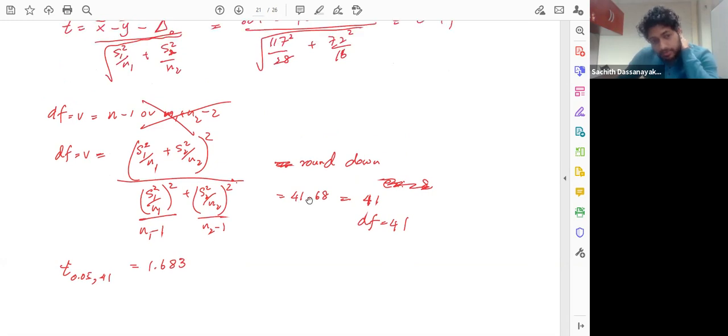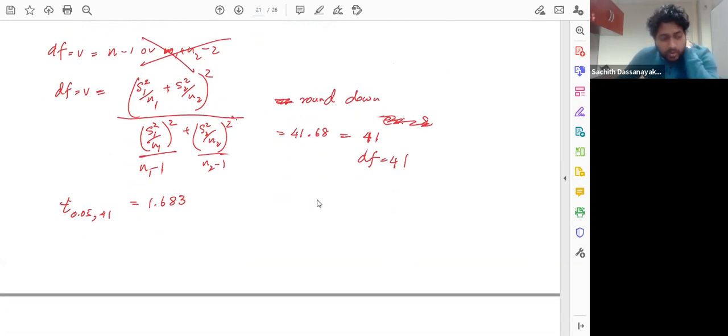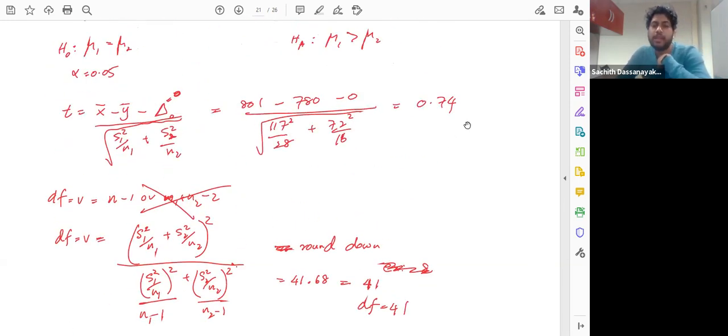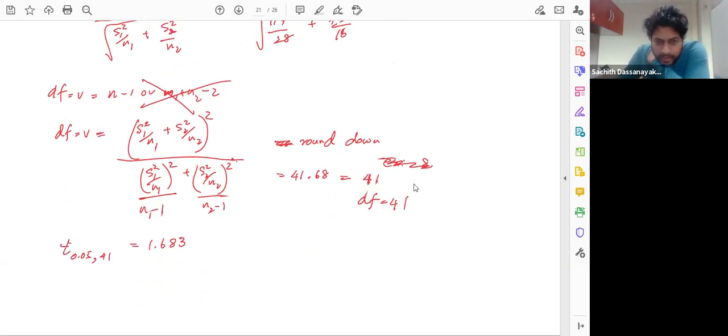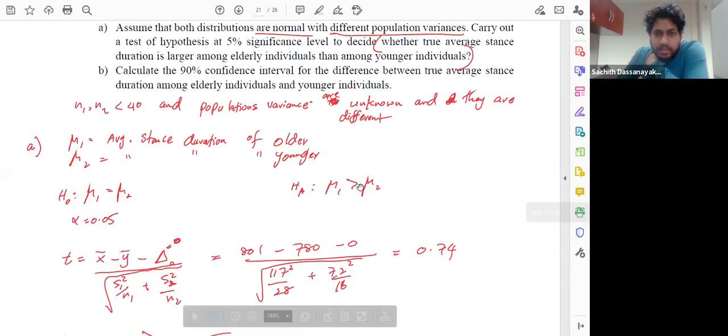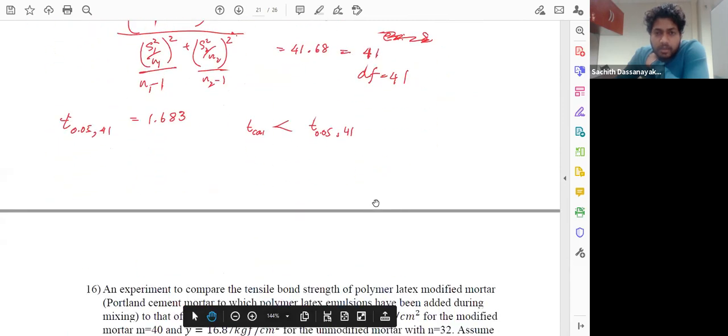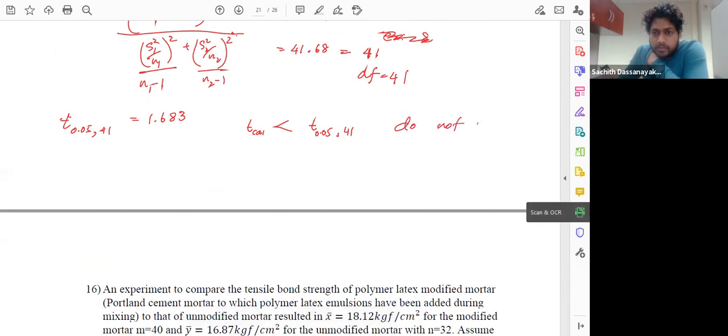So you can see this value 1.86 is greater than this value. T calculated is less than t 0.05, 41. This is a one tail test, right tail test. So do not reject.